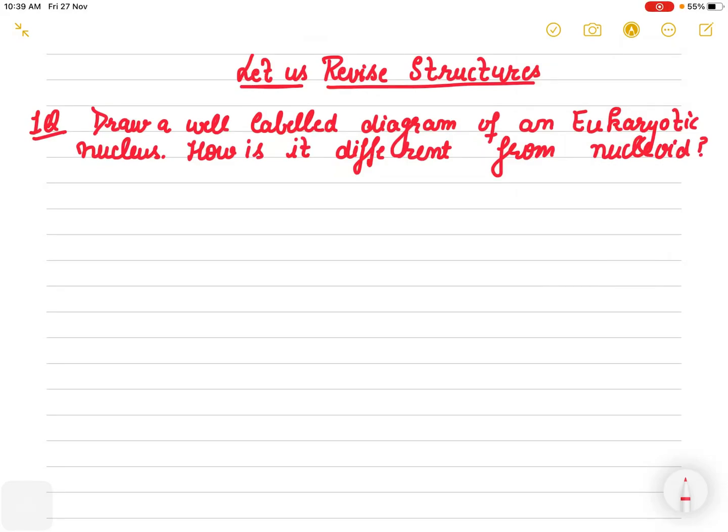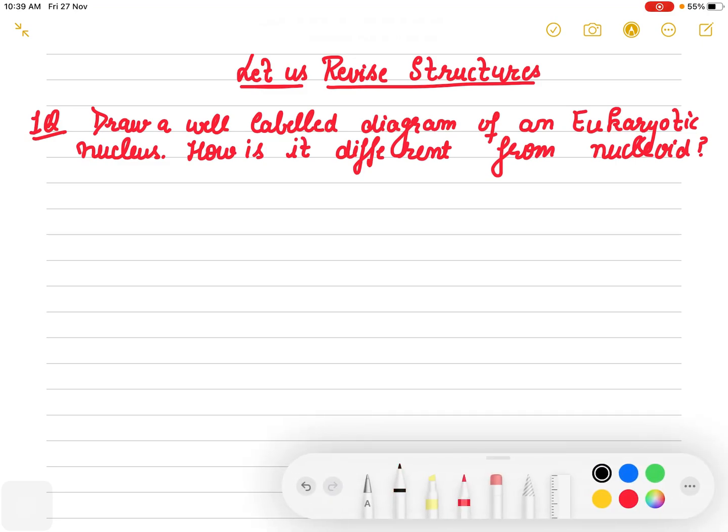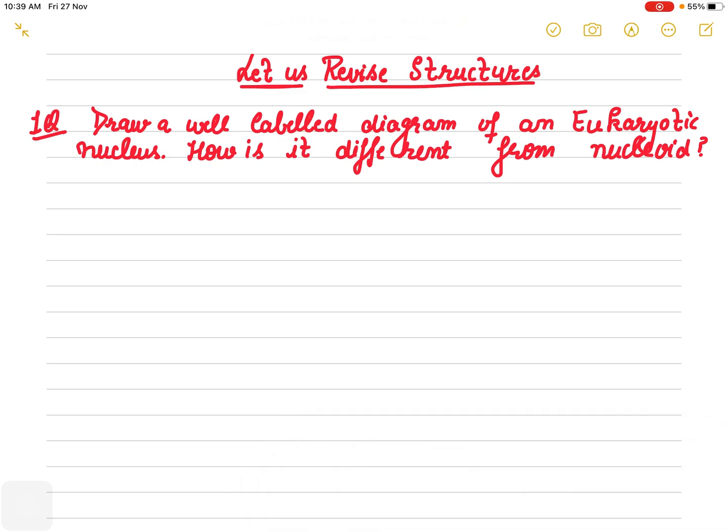So, as you know, we are revising our chapter Fundamental Unit of Life, and in my last lecture I promised you that we will draw the structures, right? Because many times I feel that many students don't like biology because they feel that they do not have a good drawing, they cannot draw structures, they cannot explain a few concepts.